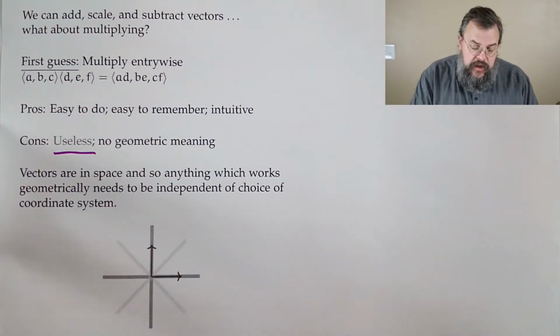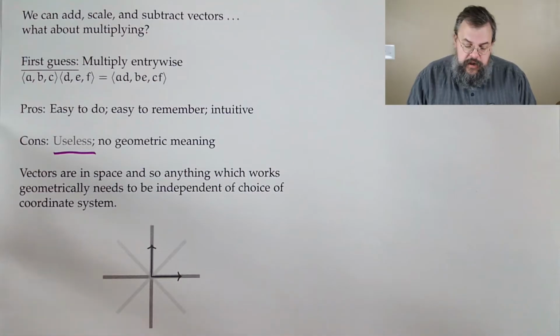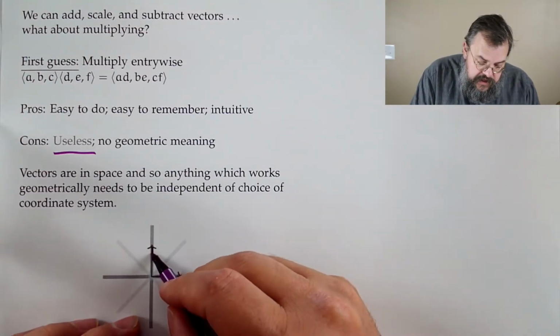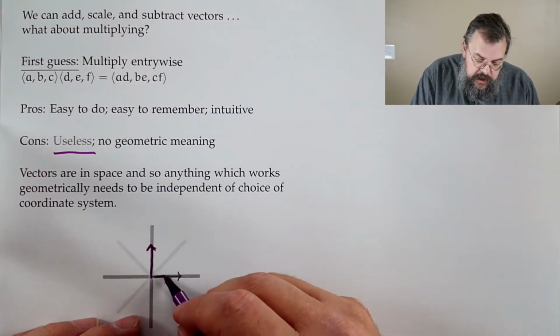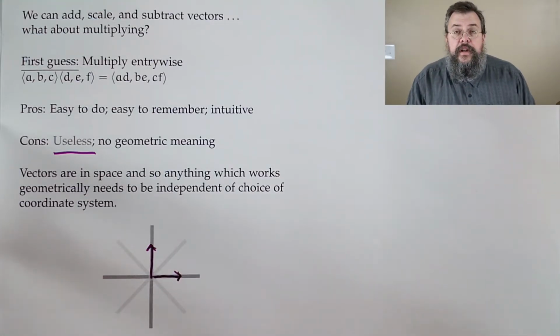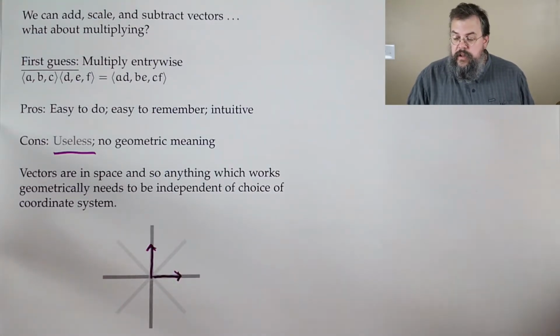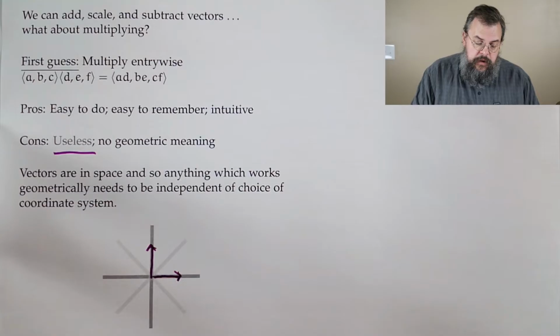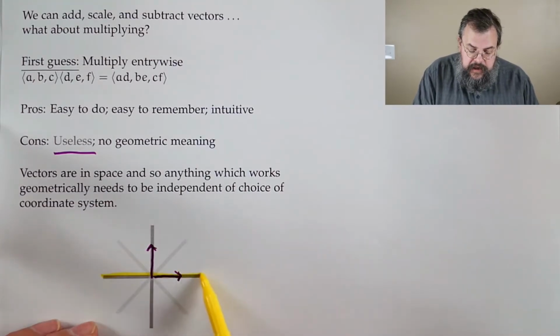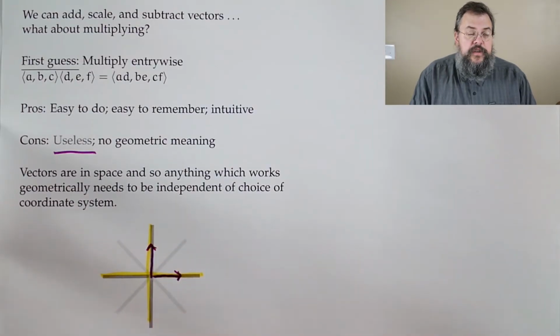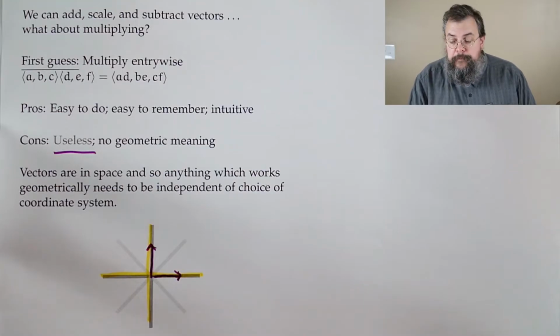Now let's take our two vectors and we'll mark them here. So here are two vectors, and we're going to look at two possible coordinate systems. In the first coordinate system, what if our vectors happen to line up with our coordinate system in a very nice way?